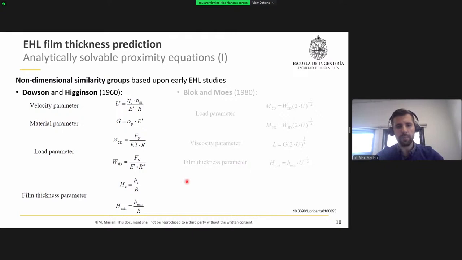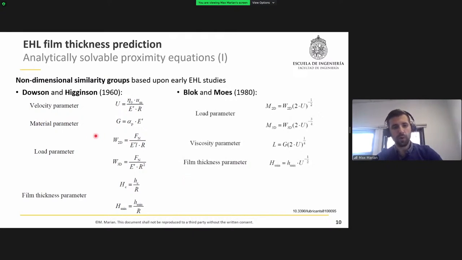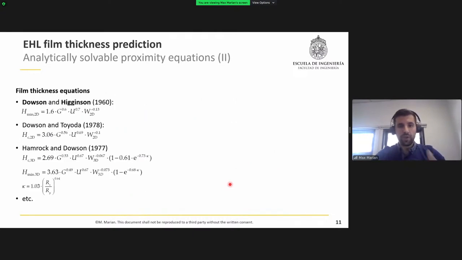And later, Moes proved that these 4 parameters could be transferred into 3 independent parameters, thus introducing a load and a viscosity parameter in addition to the film thickness parameter. To estimate, for example, the minimum film thickness in an EHL infinite 2D line contact, Dowson and Higginson proposed an analytically solvable regression equation as a function of the material, the velocity, and the load parameters.